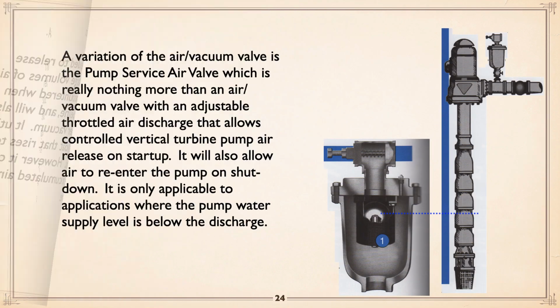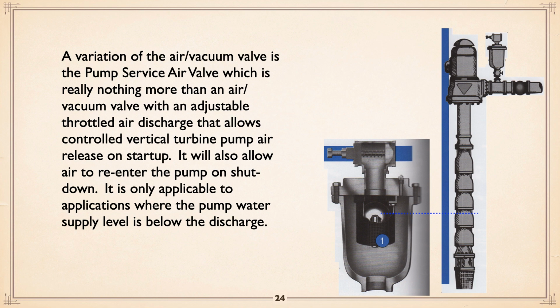Oh, by the way, a quick variation on air vacuum is a pump service air valve, as it's called, which is really nothing but an air vacuum valve with an adjustable throttled air discharge. So if you've got a vertical turbine pump and you want controlled air release out of the thing, you can throttle that air release so that the thing starts, air comes out until finally liquid comes on, the ball closes the valve off, great, and that air release is spring loaded, so if you turn the pump off, it will allow air to go back down.